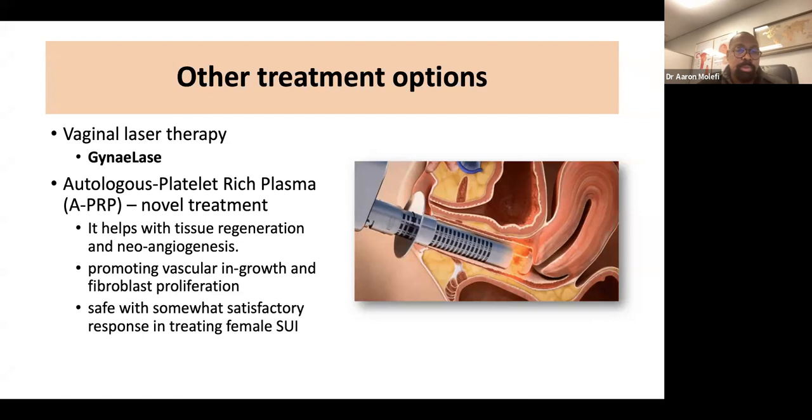It promotes vascular ingrowth and fibroblast proliferation. By so doing, it reinforces the pelvic floor so that those patients can improve, especially patients with stress urinary incontinence. It has shown some level of improvement, but it's still a new thing. There are still studies being done regarding platelet-rich plasma.